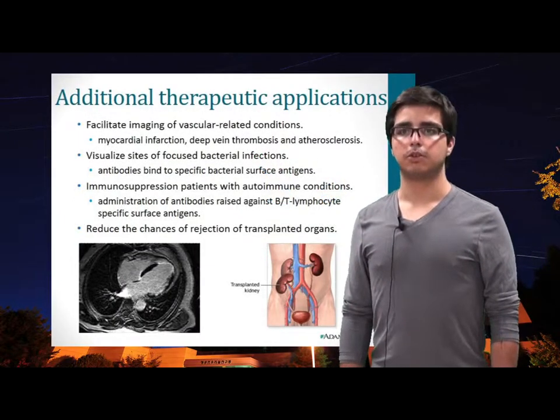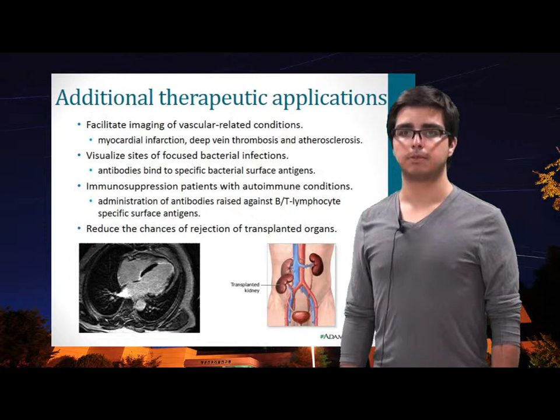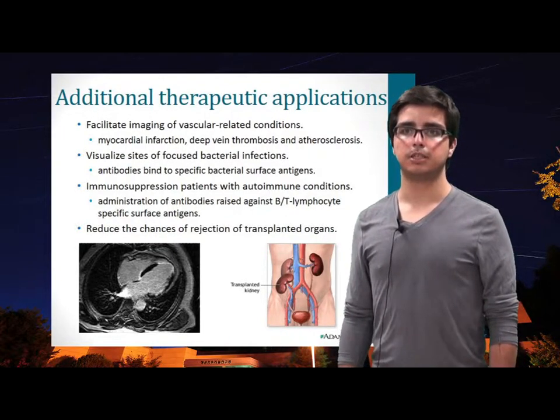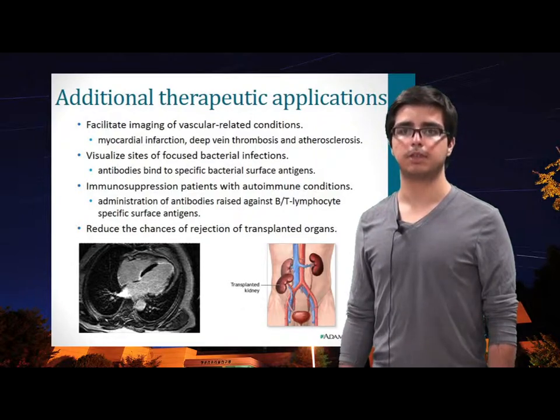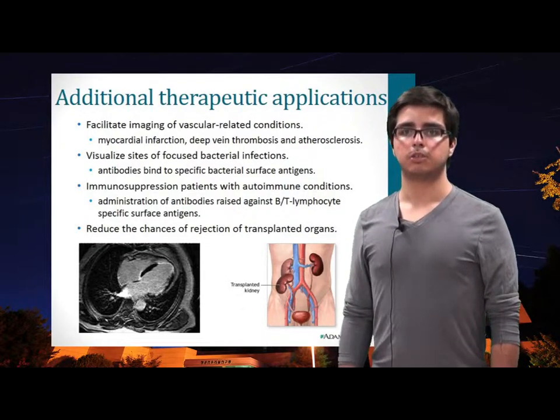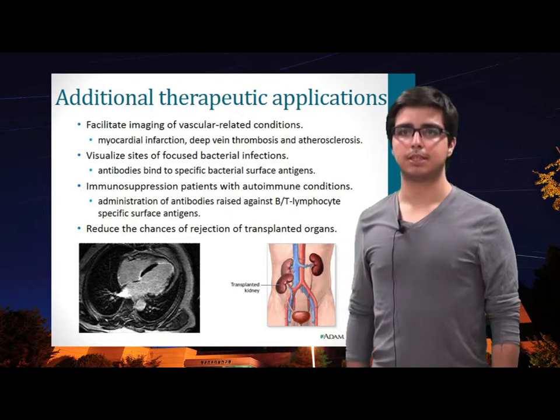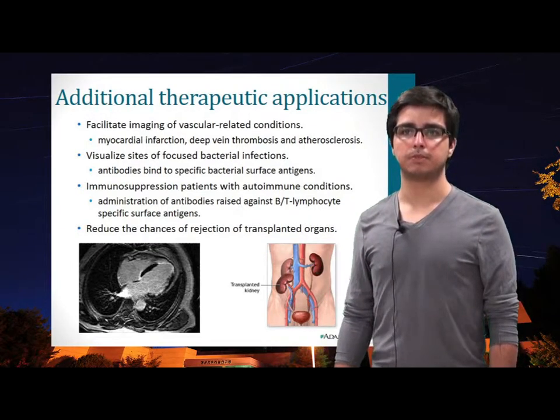There are also other therapeutic applications aside from treatment of cancers, such as for imaging of vascular-related conditions, such as observing the region of the heart that has a myocardial infarction. We can also use it to visualize sites of focused bacterial infections by using antibodies that bind to the surface of bacteria.